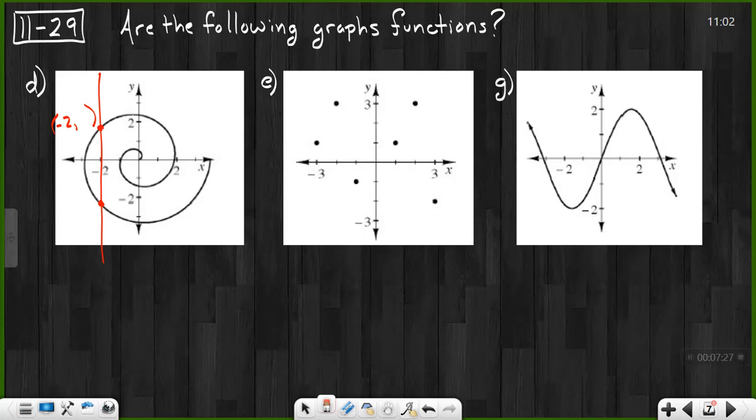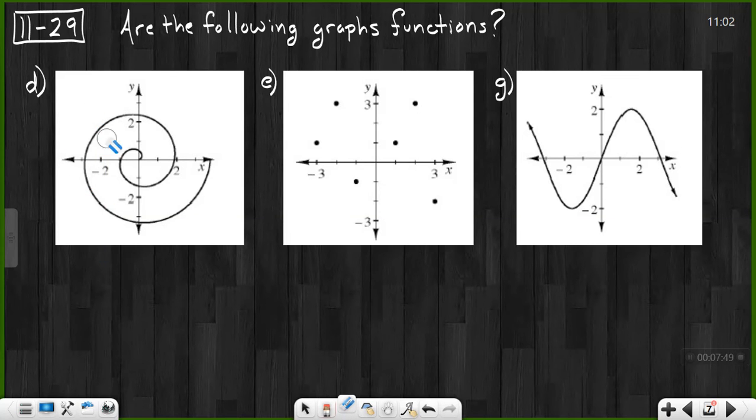If I were to write that ordered pair, it looks like maybe 1.5 or something like that. This one here has an input of -2, an x value of -2, and it looks like maybe -2.5. Just giving an estimate. So as we look at this, the inputs are represented by vertical lines.